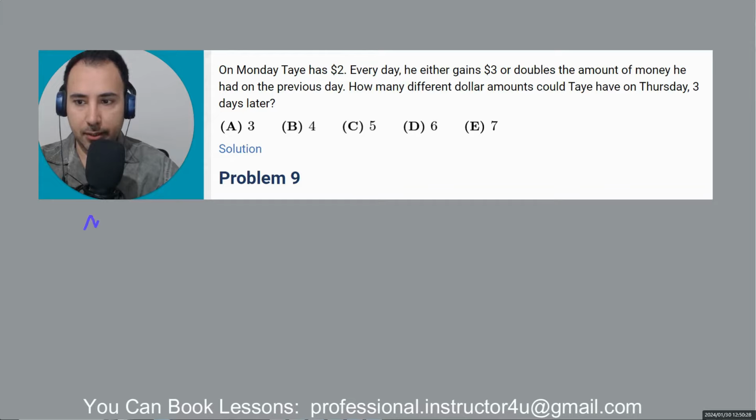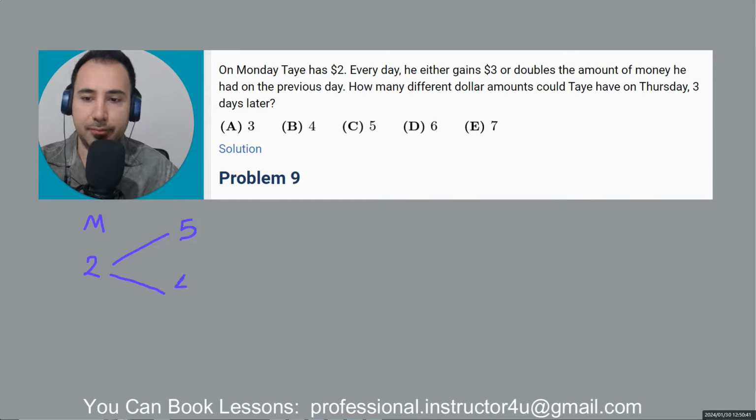Okay, so we start on Monday and we have $2. For the next day, we could either add 3 and get 5, or double it and get 4. This is for Tuesday. And then the next day, for Wednesday, the same thing will happen.